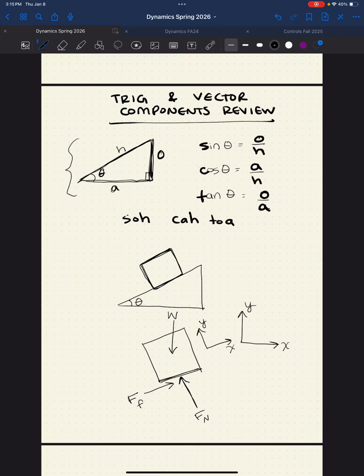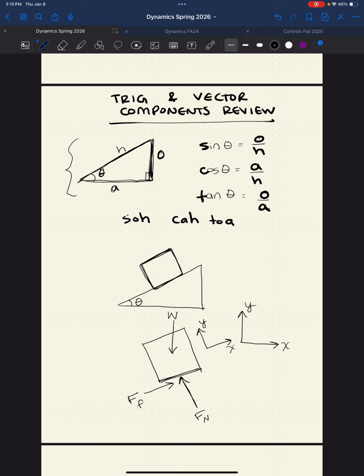And the reason that we use these two options is because we're going to have to resolve our forces into components, and each of these options means that one or more forces will have all of its force along a single component or along a single direction.